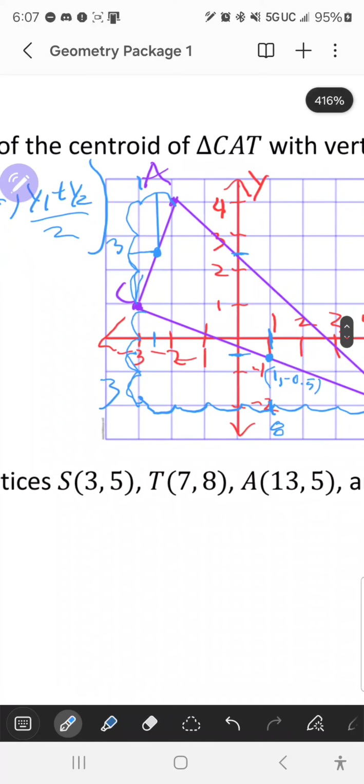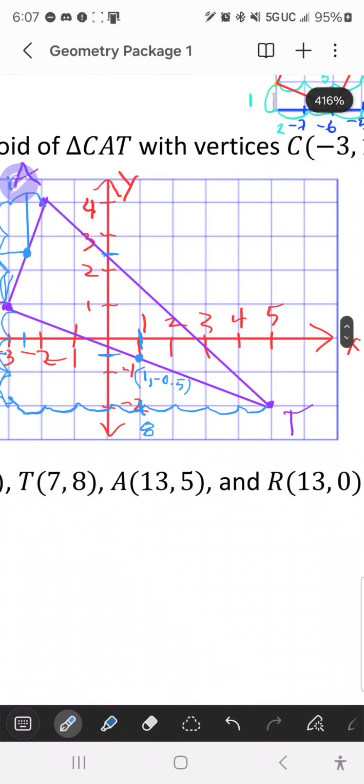If you're consistently watching this, you're not going to need it right now. So this is 7, and this is 6. 7 divided by 2 is 3.5.